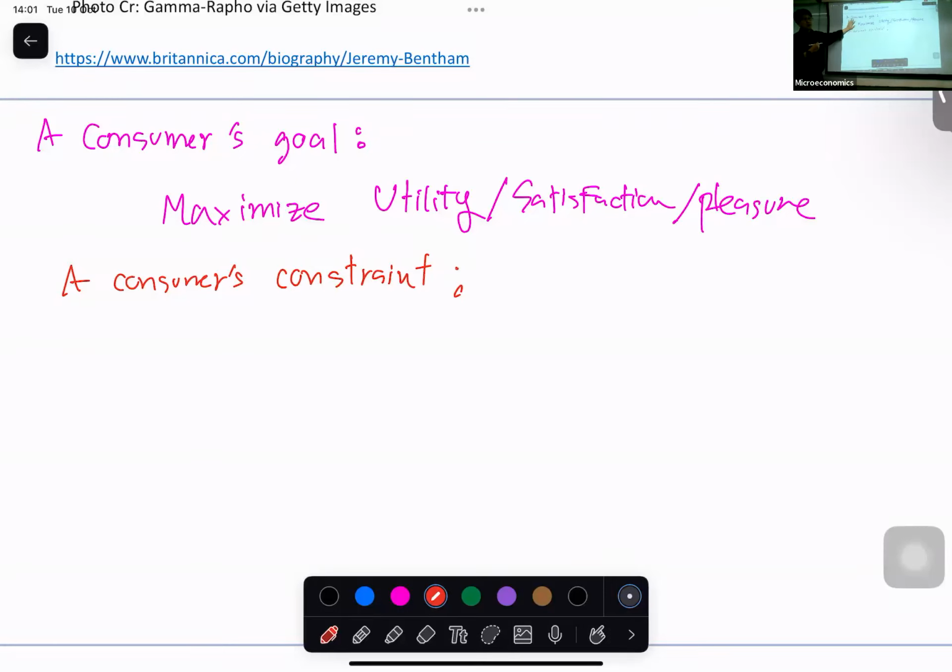And a consumer tries to fulfill his goal with a constraint. We call it the budget constraint.